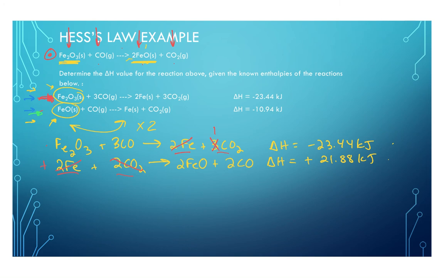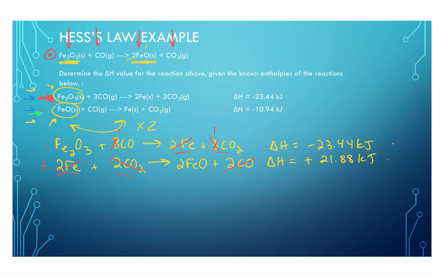And then the carbon monoxide, again, there's 3 here on the reactant side, 2 here on the product side. So I'm going to eliminate those 2, which will eliminate 2 of those 3 carbon monoxides and leave one there. And then the FeO is by itself.